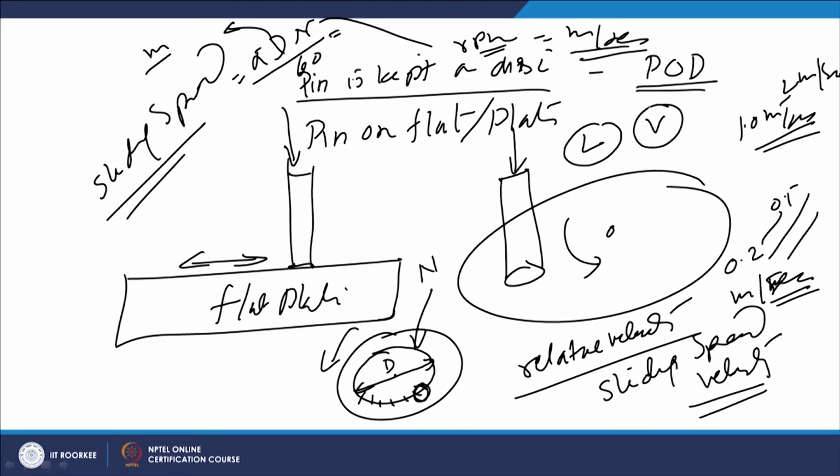Apart from this, the rotational speed and wear track diameter matter. Like say if the wear track diameter is very small, then the time for dissipation of the heat from the wear track will be very small as compared to the case when the wear track diameter is large.